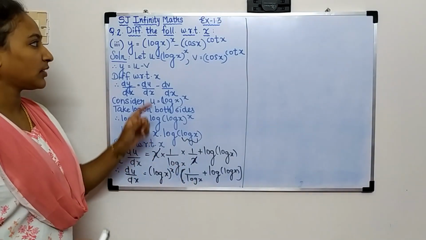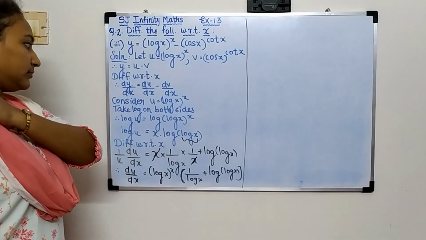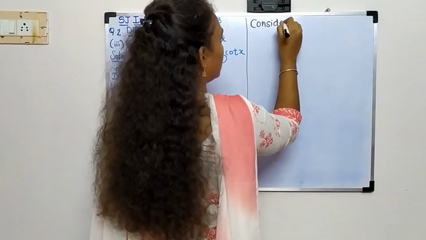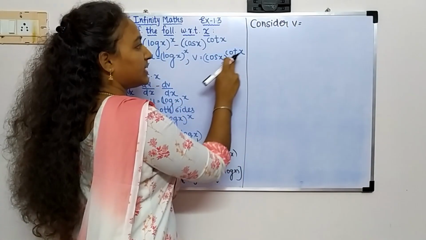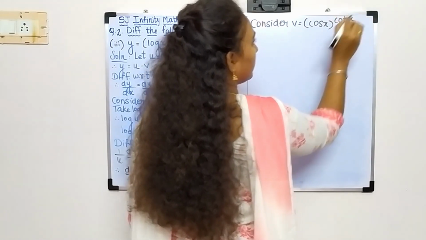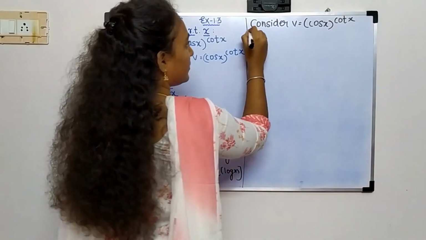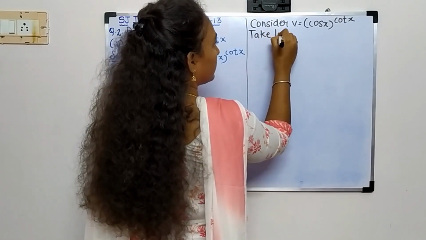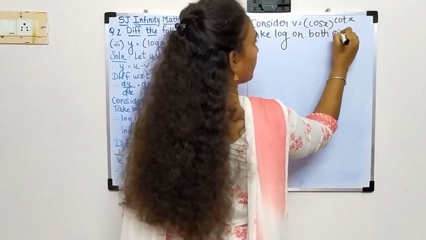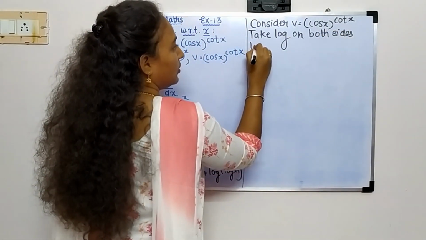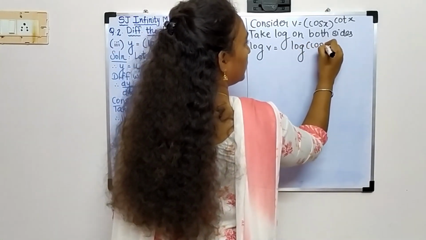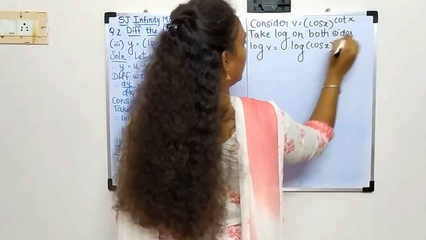Okay. Now let us calculate for v. Consider v, cos x raised to cot x. Let us take log on both sides. So we get log v is equal to log of cos x raised to cot x.